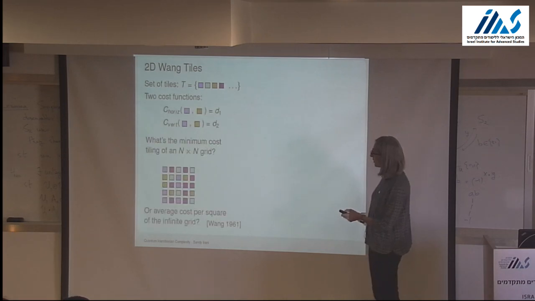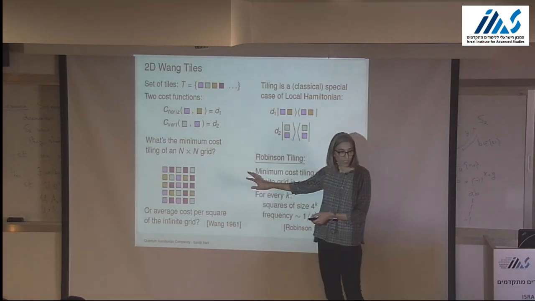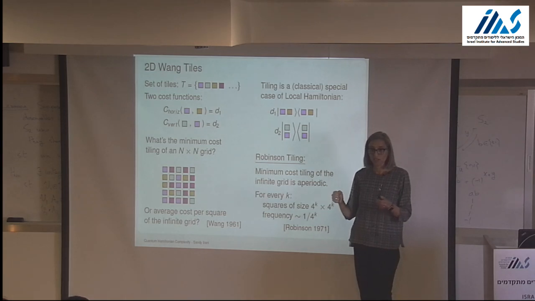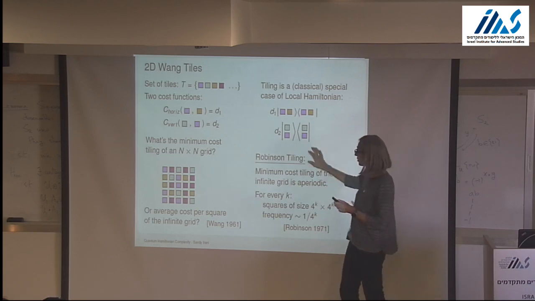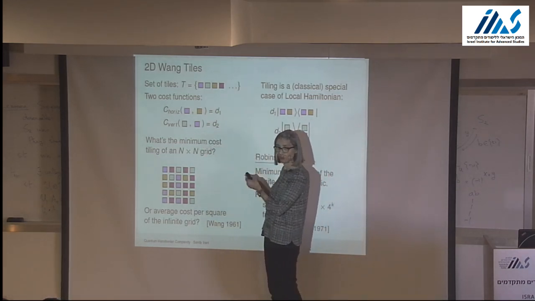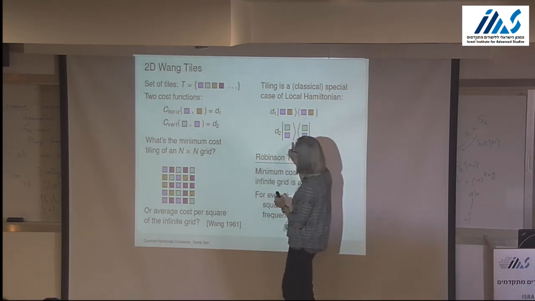Here comes the tile. So the basic underlying structure is this old problem called Wang tiling, which is basically a classical version of local Hamiltonian. So we talked about the 1D version where you're just assigning colors to dots on a line and you're paying a price for various pairs of colors along the way. This is just a 2D version of it. So for every pair of tiles, I have a cost of putting one color to the left of the other or putting one color above the other.